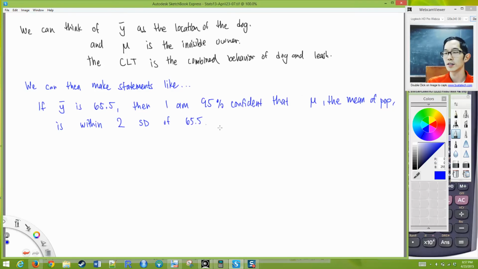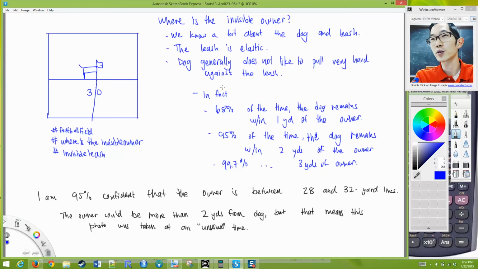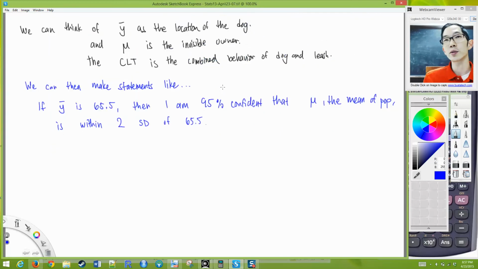The dog was to illustrate where we're going, but now we're dealing with sample means and population means. We don't know the mean of the population. We can observe the sample and the sample mean. So based on the sample mean, what does that say about the population mean?